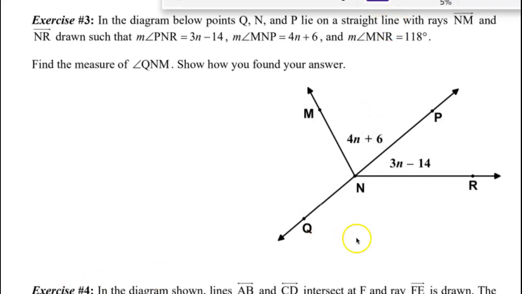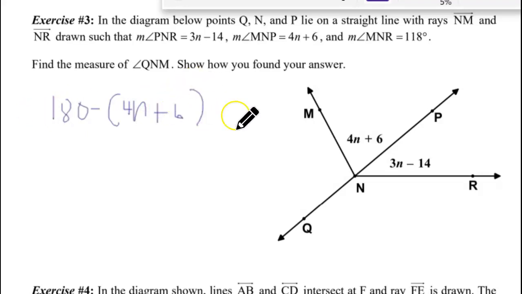So we know that this and that is 180. It means if I take this away from 180, it will give me the measure of this one, and then I'll go back again to 180. So let's do the first step. We know 180 minus, I'll take away this part, and I'm going to put parentheses because there are two terms: 4n plus 6.